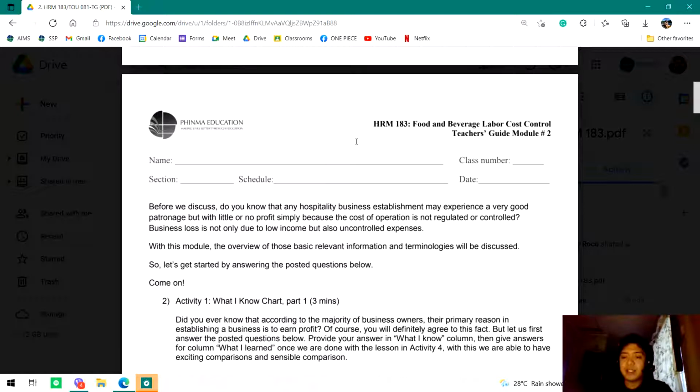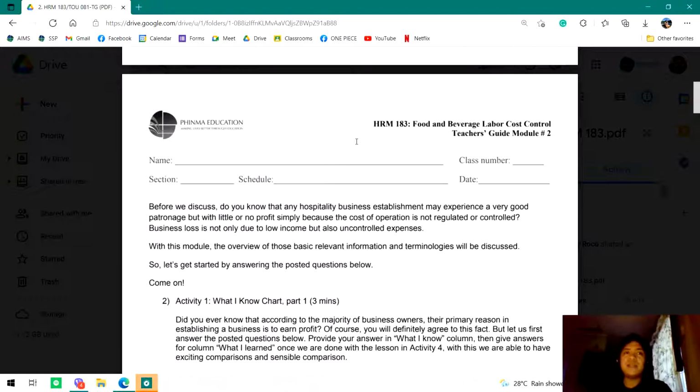Tapos gumastos ka rin ng pera for your load para ikaw ay tuloy-tuloy ang communication sa Facebook na nag-online transactions ka for your business, and then gumastos ka rin para nagutom ka bigla along the way habang ikaw ay nagsha-shopping, nagbigay ka ng tip doon sa nagbebenta. Those are costs. Everything else.